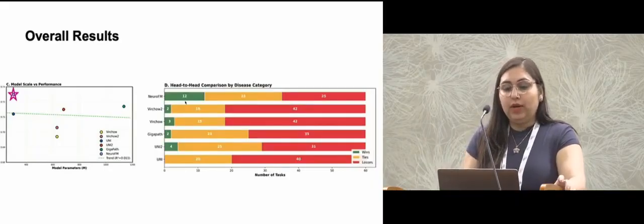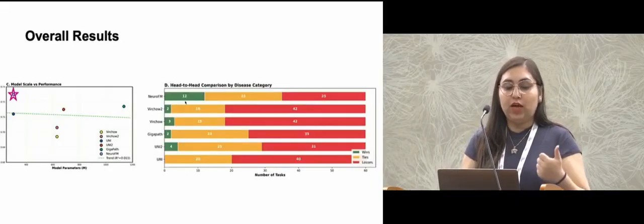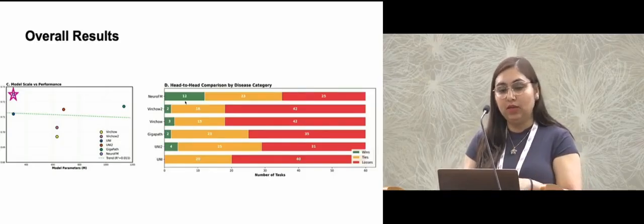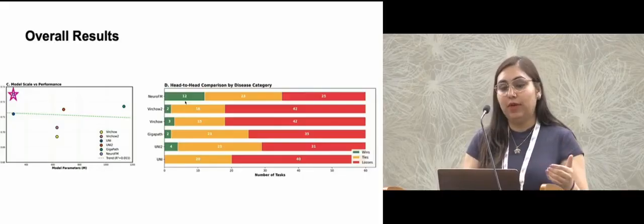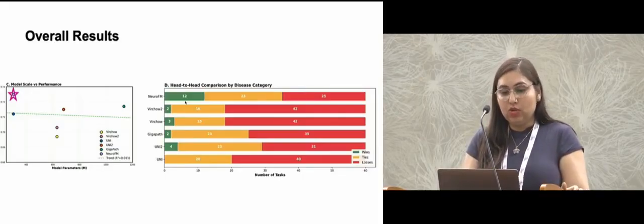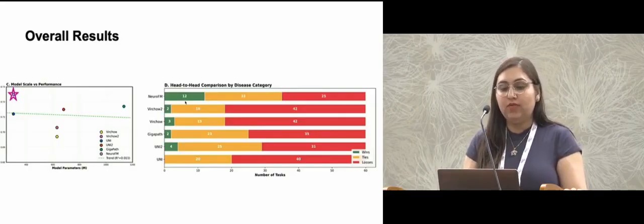We also did a head-to-head comparison for each of the tasks against the best performing model for the same task, to see whether our model is doing significantly better than the other or not. Here we saw that NeuroFM did significantly better for 12 tasks. 23 shows how many ties.